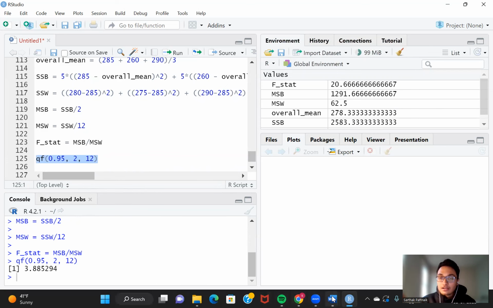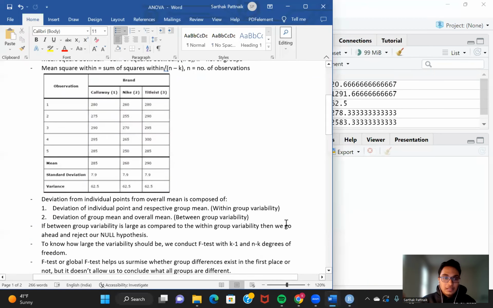But now here is a caveat. The caveat is that the global F test tells you whether at least two of the groups are different. So if I have three groups, Nike, Titleist, and Callaway, what the global F test tells me is that out of the three groups, at least two of them are different. But it does not tell me which of the two groups are different, right?